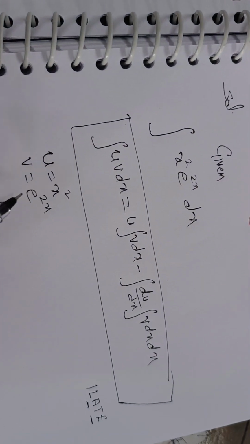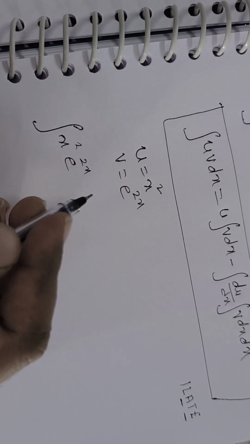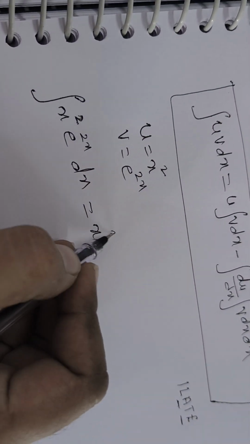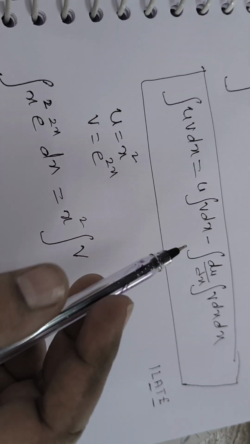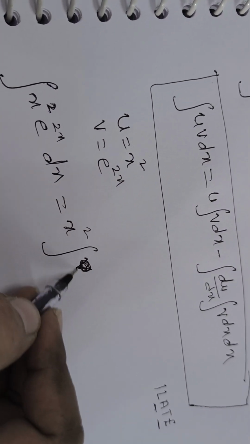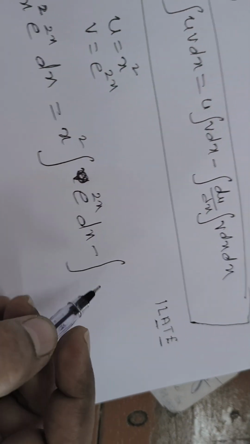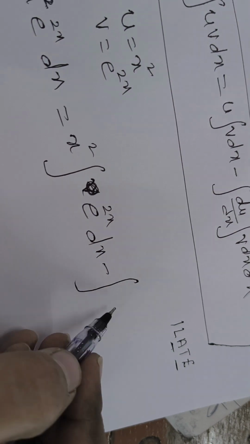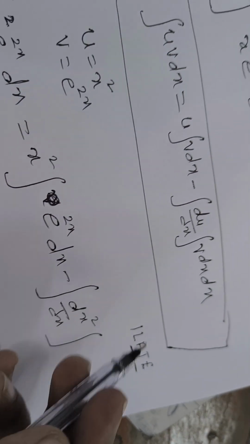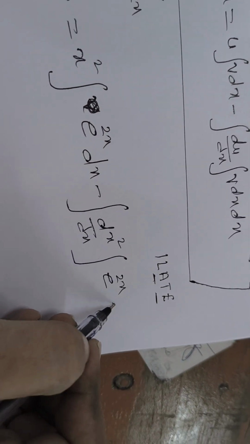Now we will substitute this u and v in the above formula. Integral x square e to the power of 2x dx is equal to u, which is x square, into integral v, where the value of v is e to the power of 2x, so in place of v we will write e to the power of 2x dx, minus integral of d by dx of u, which is d by dx of x square, into again integral v, e to the power of 2x dx, into dx.